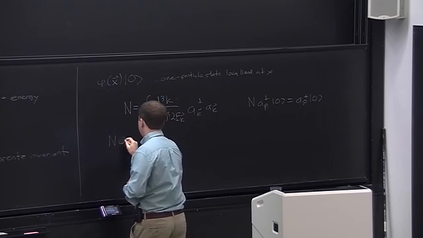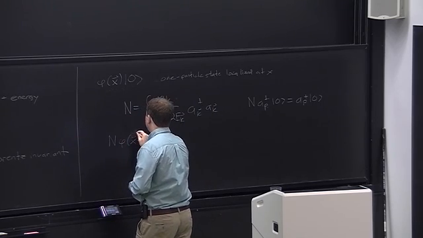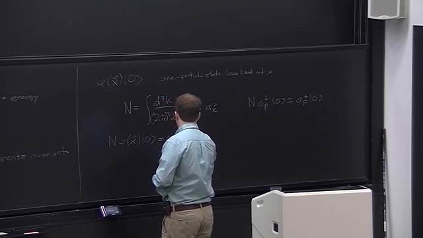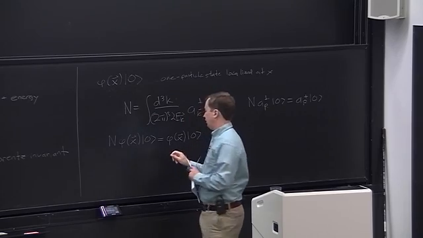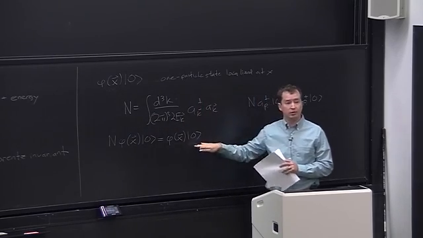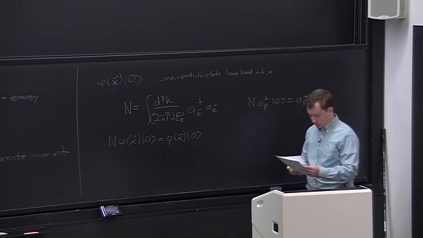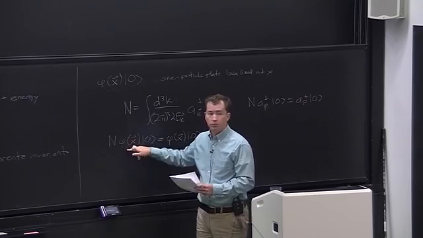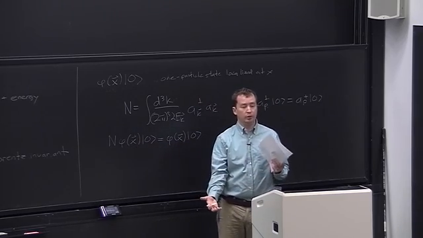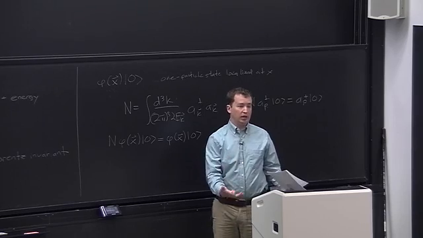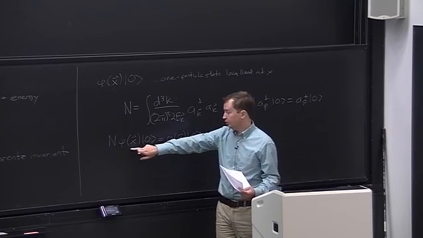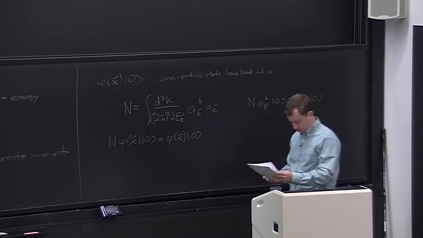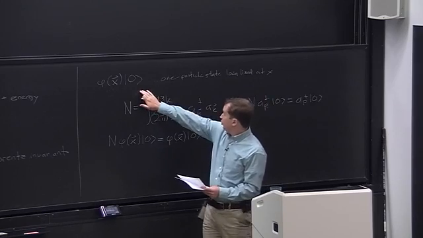If we act with N on phi(x) on the vacuum, we just get back phi(x) acting on the vacuum. And that's because phi(x) basically has a single annihilation operator and a single creation operator. The annihilation operator annihilates the vacuum. The creation operator will be the same story as here. So this is a one-particle state.